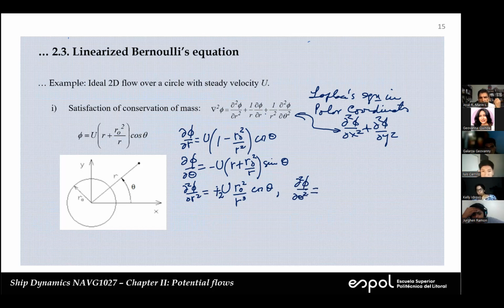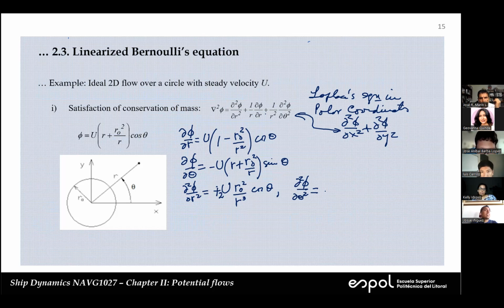Mr. Iñiguez, second derivative with respect to theta. Sorry, doctor, I don't have it yet. Come on. Mr. Barba, second derivative of phi with respect to theta.